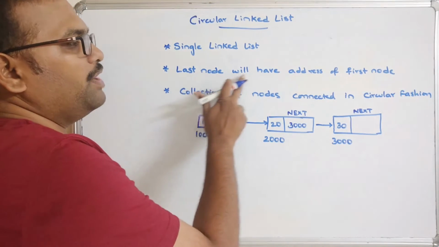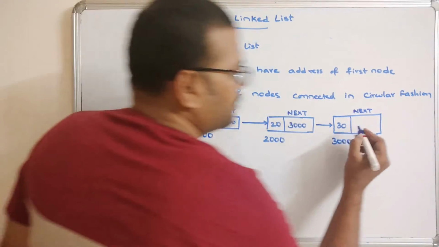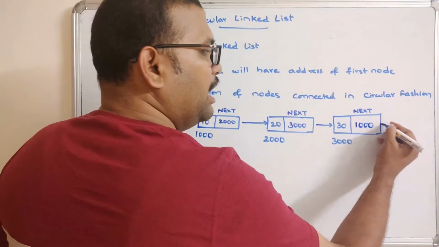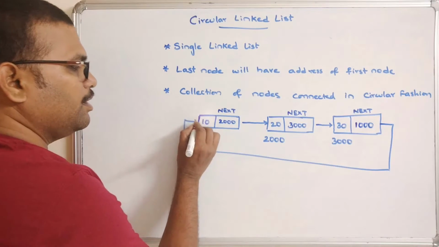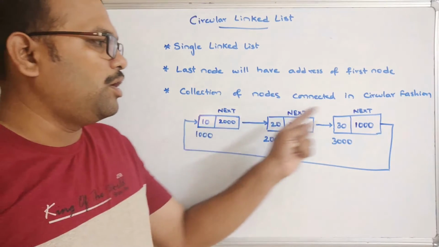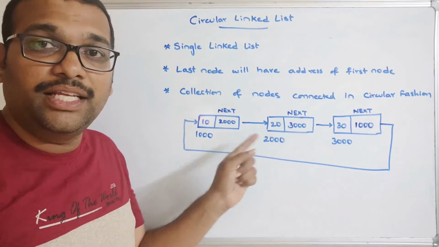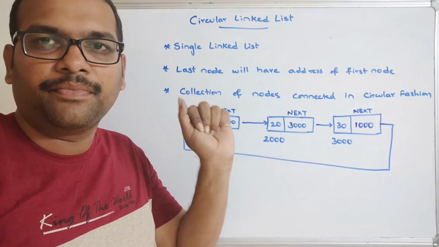So the last node will have the address of the first node. What is the address of the first node? 1000. So immediately a link will be established from here to here. So the nodes are connected in a circular fashion. This is called a circular linked list.